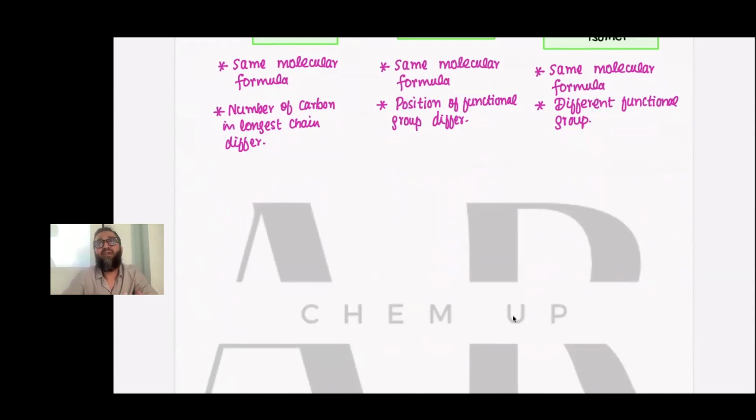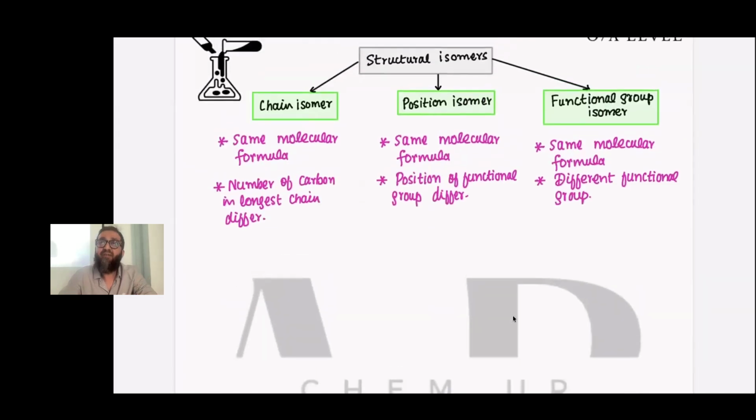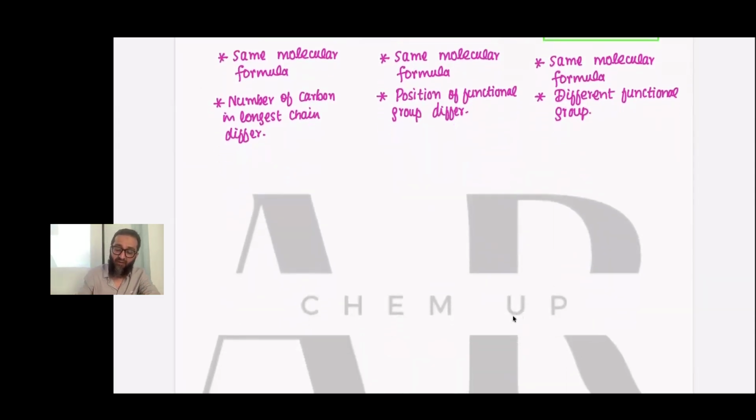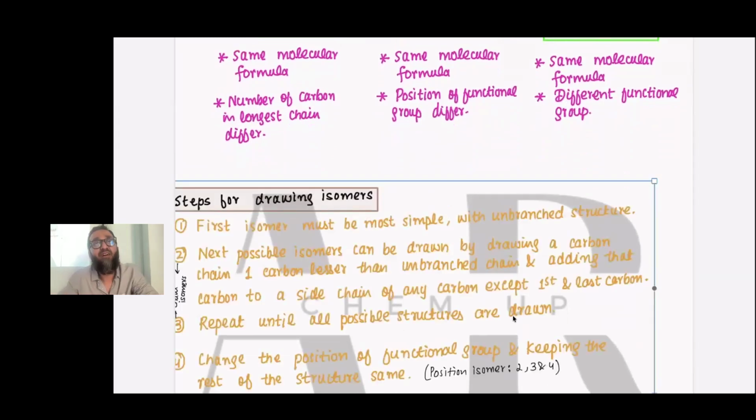Apparently it looks like you have drawn two structures which look different, but in actual fact they are the same thing. So if you draw isomers randomly, you will most of the time end up drawing one same thing in two different ways. So it's better to follow an order when you are drawing the isomers.